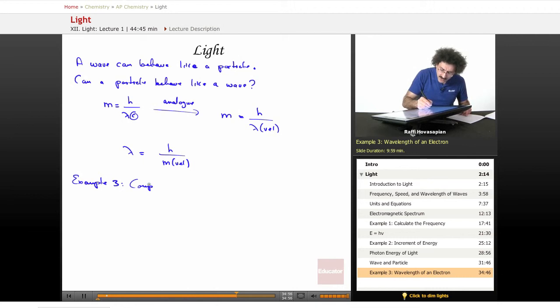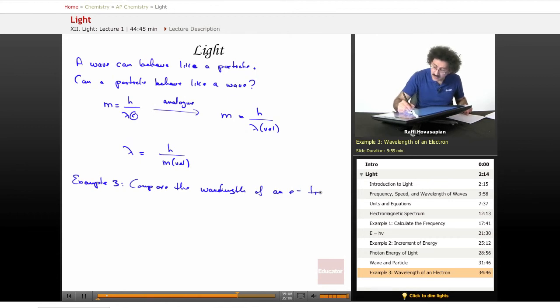We want to compare the wavelength of an electron traveling at 5.0 times 10 to the 7 meters per second and a 4.50 gram bullet going 950 meters per second.